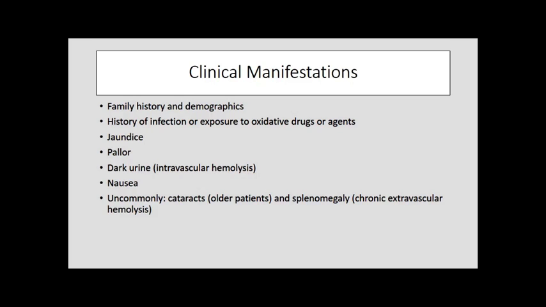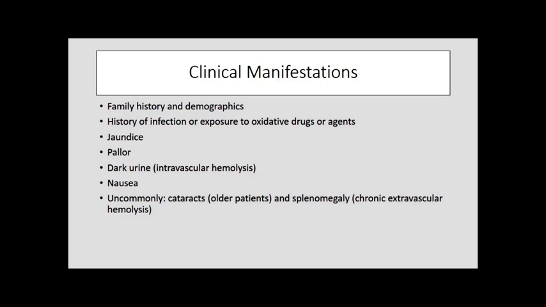We're going to study that hemolysis can occur intravascularly in the blood vessels or extravascularly, for example, in the spleen, in the hematopoietic organs. They can have nausea. This nausea and abdominal discomfort, or sometimes abdominal pain, that people with anemia can have is a result of the enlargement of the liver and the spleen.